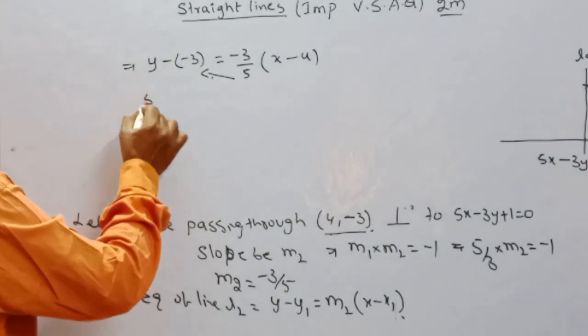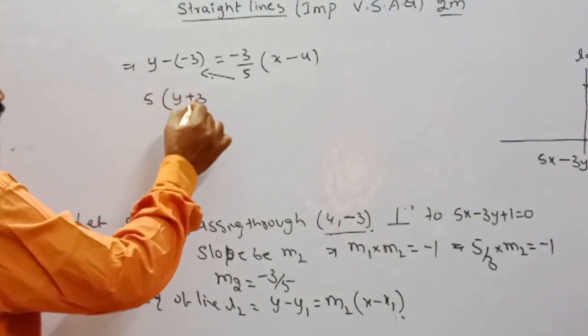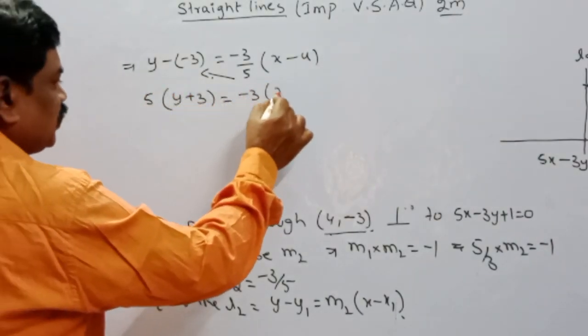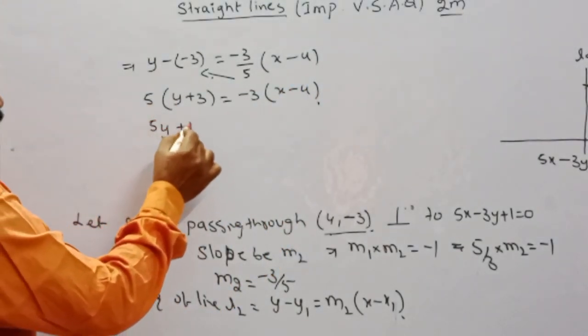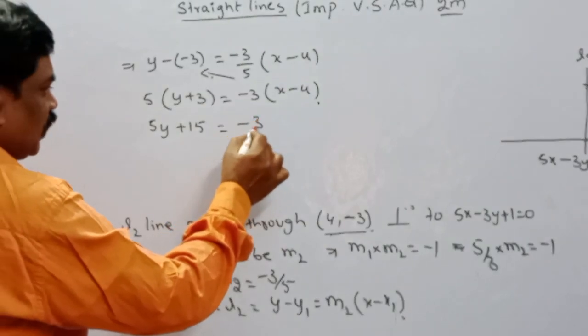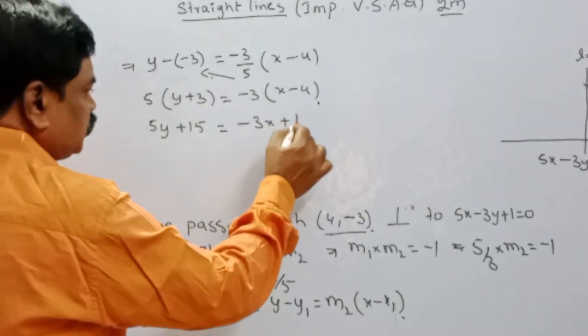By cross multiplication, 5 of y plus 3 equal to minus 3 of x minus 4. This is 5y plus 15 equal to minus 3x plus 12.